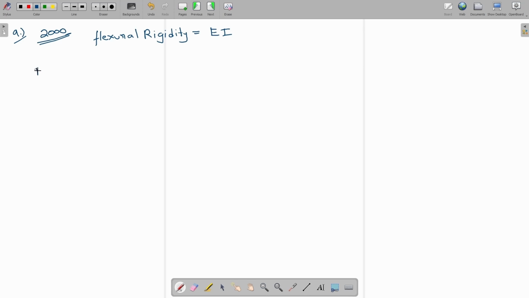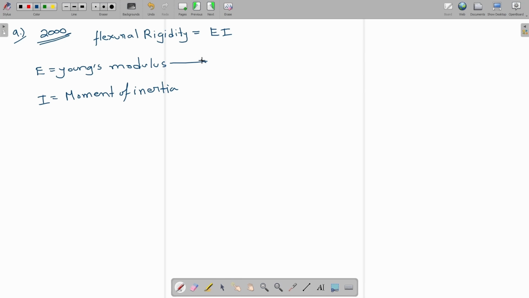Here, E is the Young's modulus and I is the moment of inertia. Now we need to find the dimension. To find the dimension, first we need to know the unit of Young's modulus and the unit of moment of inertia.